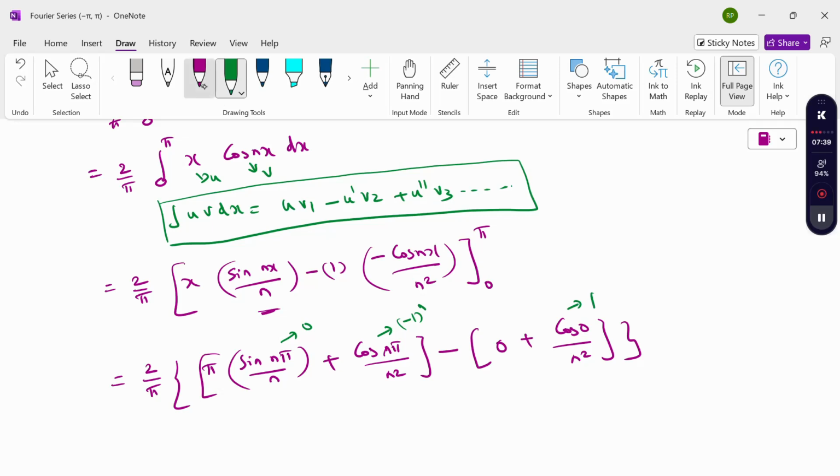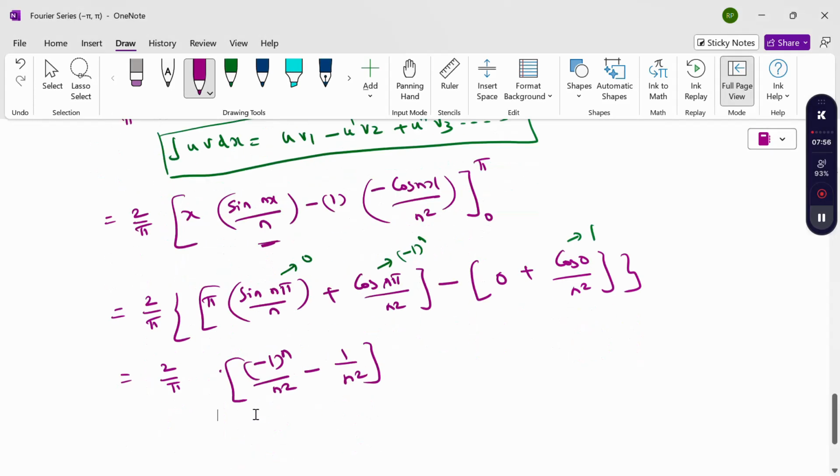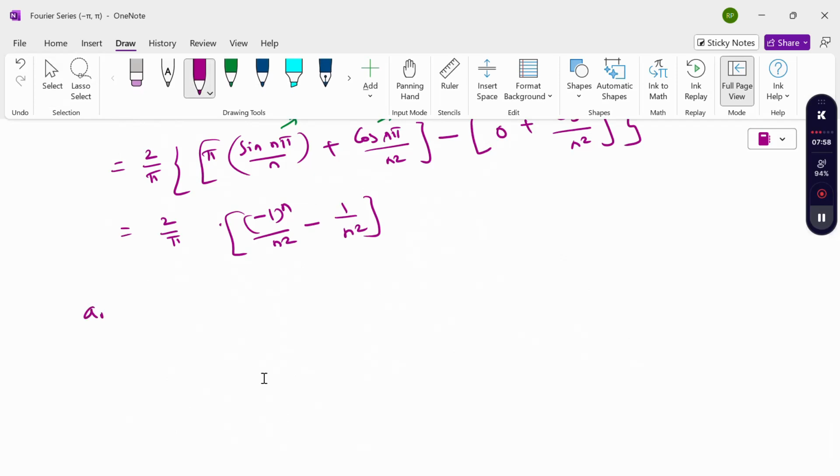So when I substitute pi, the whole term is 0, and then cos n pi, minus 1 power n by n square, then minus 1 by n square. Therefore a n equals 2 by pi, minus 1 power n minus 1 by n square.